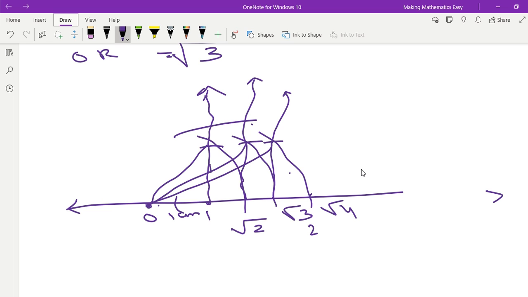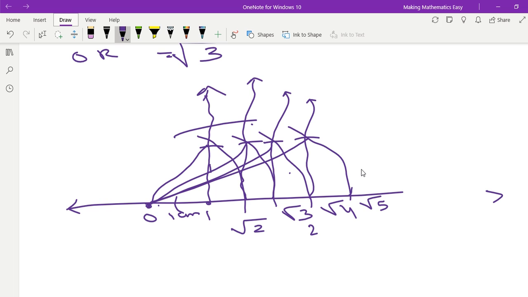Now again you need to draw a straight line from here, make an arc of 1 centimeter from here, join these 2 points. Now taking this as a radius, again you need to draw an arc over here, so this will be your root 5, because this is 4, this is 1, and this is root 5.